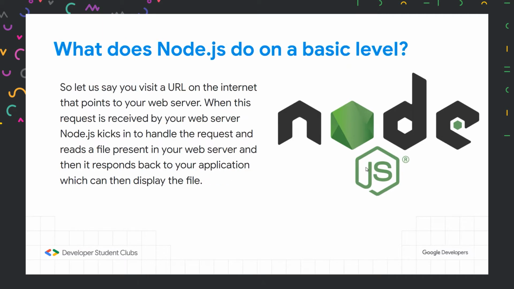Now let us talk about what Node.js does on a basic level. Like Deepshika explained how a web server works on a basic level, similarly, let's define it clearly with Node.js. Let us say you visit a URL on the internet that points to your web server. When this request is received by your web server, Node.js kicks in, and then it uses several protocols.